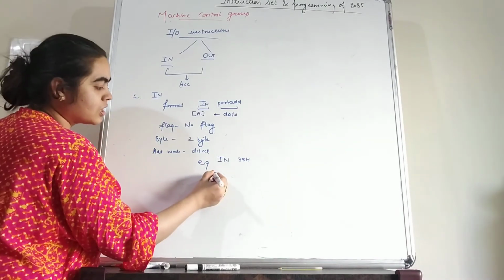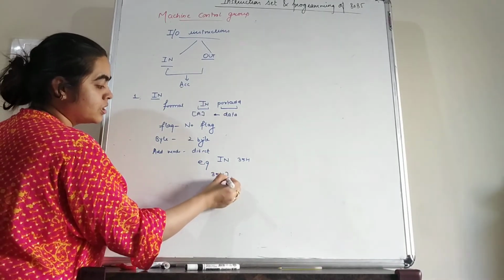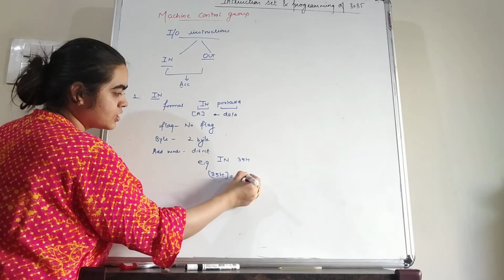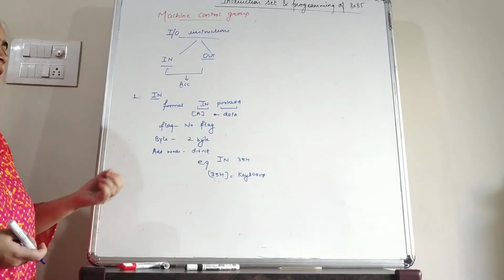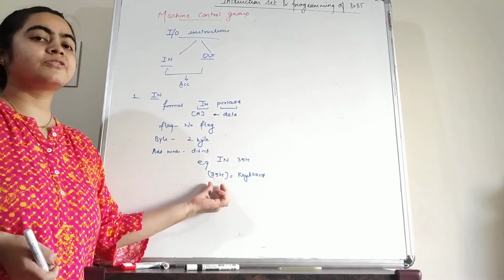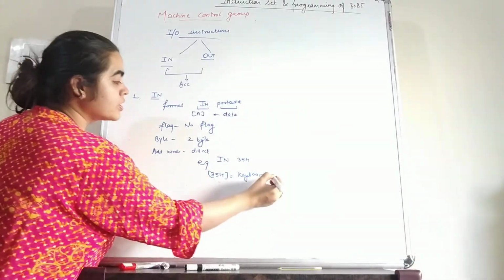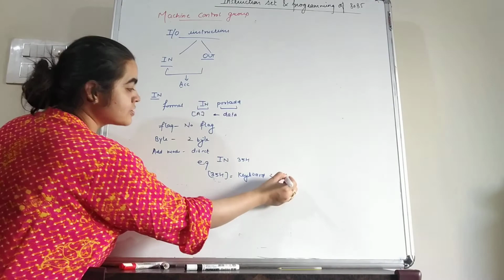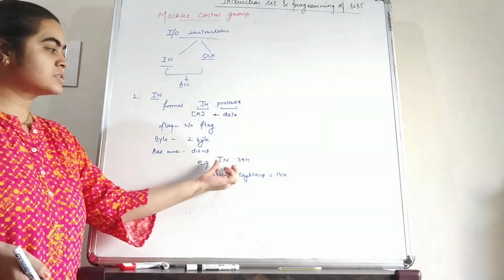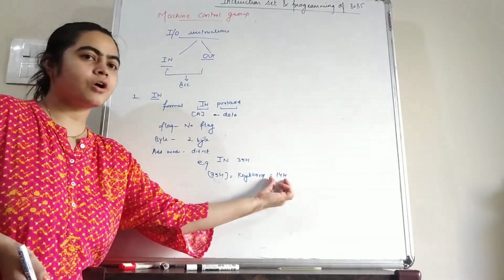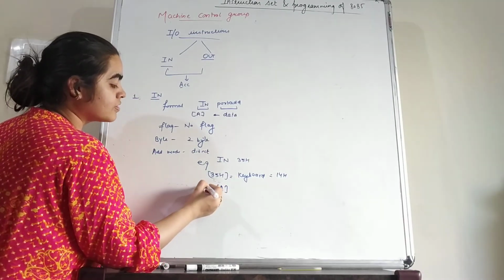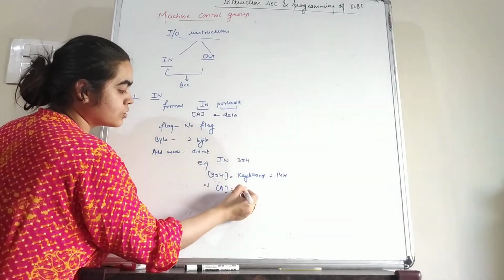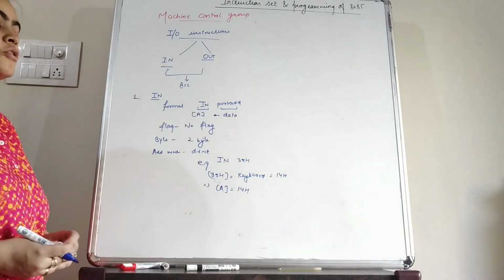For example, 35H is the address of the keyboard. So the keyboard is a device connected with port number 35, and the keyboard has value 14H. When we execute this instruction, this 14H will be transferred to the accumulator. After the execution, the value of the accumulator is 14H.